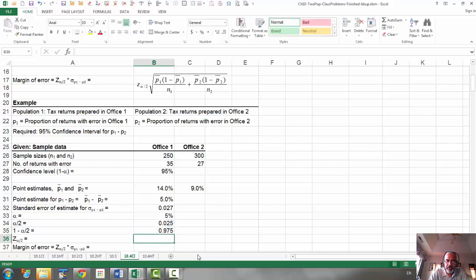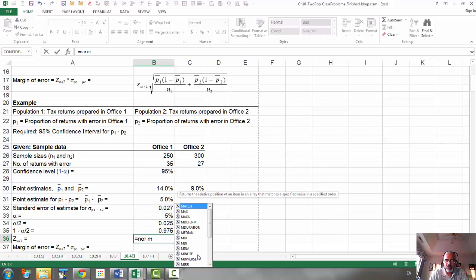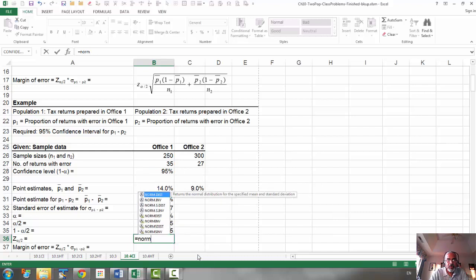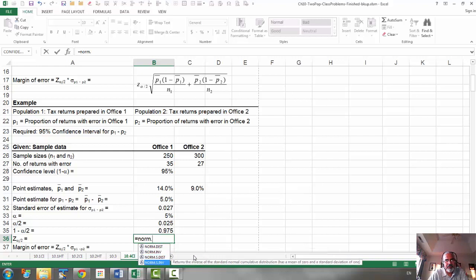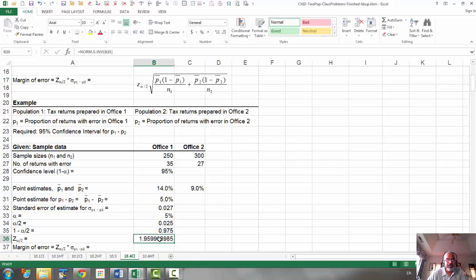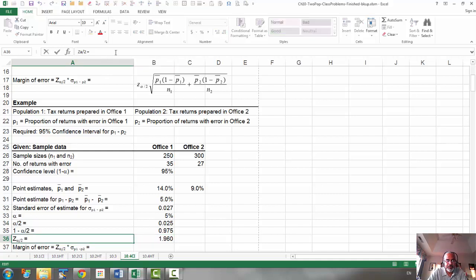Okay, we could do all that inside the norm.s.inv, 1 minus alpha over 2. So that will give us the z table value. Z sub alpha over 2 is nothing but the z table value.